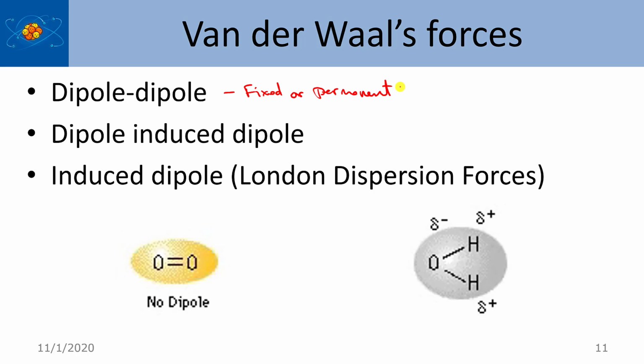The wave function can be altered in such a way that they appear in different positions in the molecule. So there's also something called an induced dipole. An induced dipole is a temporary dipole. And it's created by the shifting of electrons.